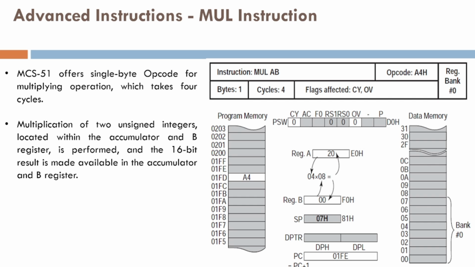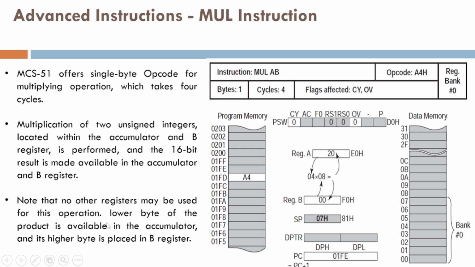Register A will hold one part of it, and register B will hold another part of it. No other registers may be used for this operation. The lower byte of the product is available in the accumulator, and the upper byte is placed in register B.